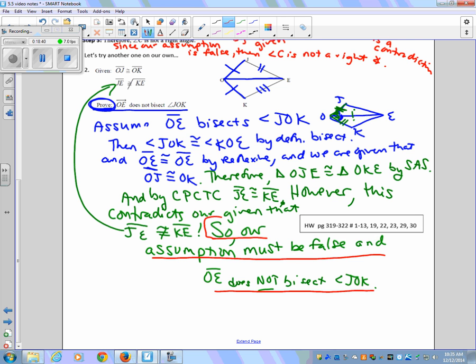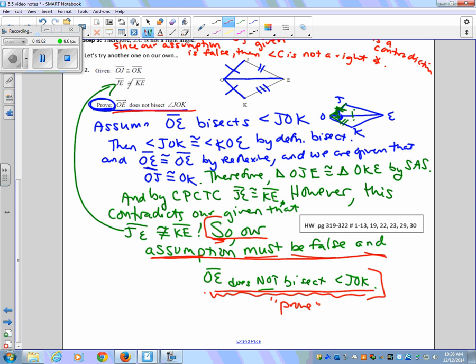I'm always going to look for that last sentence to be worded pretty much just like this. So, therefore, our assumption must be false. And then you're going to state the proof. OE does not bisect angle JOK.